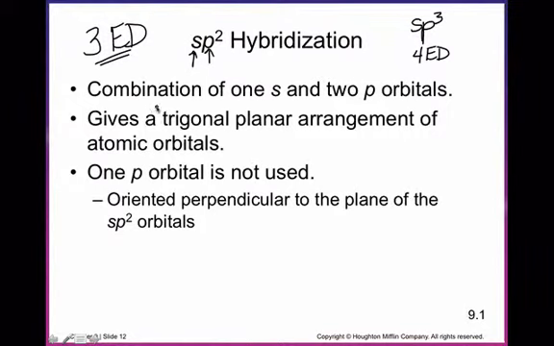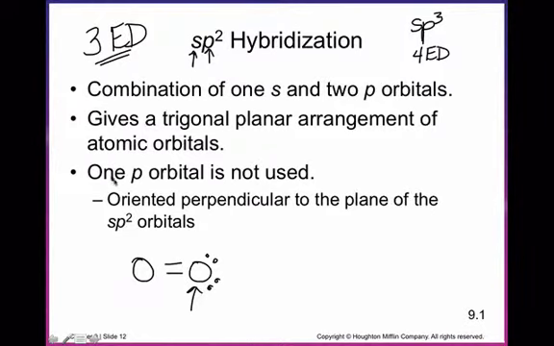So it's the combination of 1 s and 2 p orbitals. It gives a trigonal planar arrangement of atomic orbitals, and that's what, if we were to look at one of those oxygens, around that oxygen is a trigonal planar arrangement because we have 3 domains.